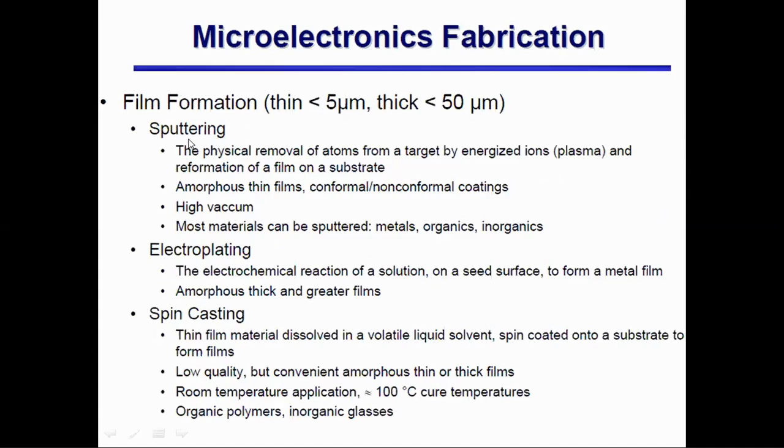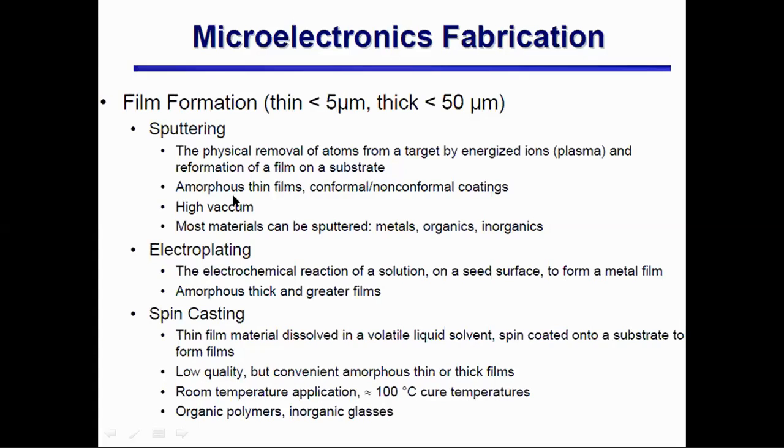Other deposition processes: sputtering, electroplating, and spin coating. Sputtering is the physical removal of atoms from a target material by energized ion plasma, and reformation of films on the substrate. So we use a plasma to remove the material from the target, and that material then flows and settles down and condenses on the substrate, and a thin film is formed.